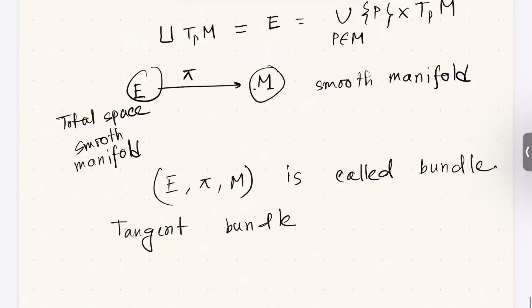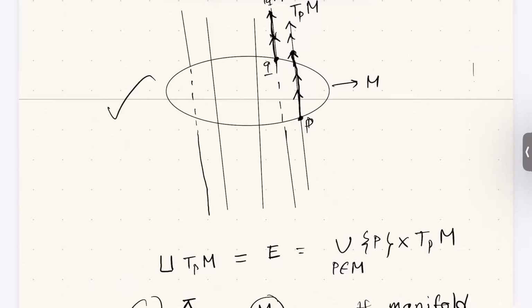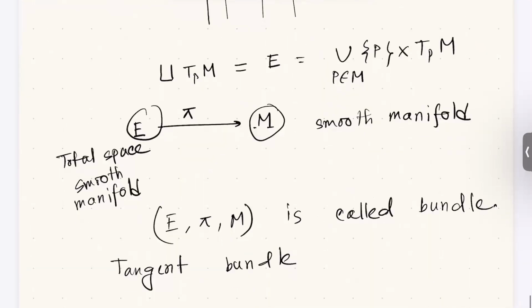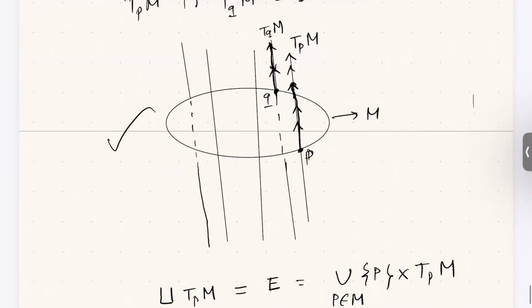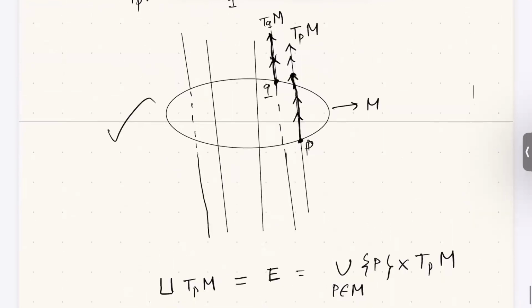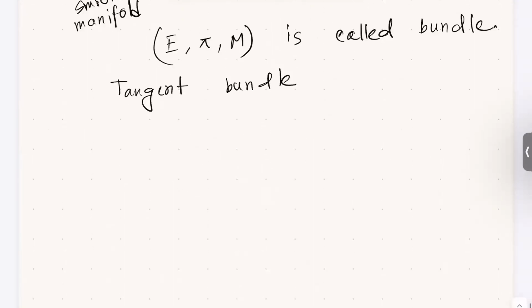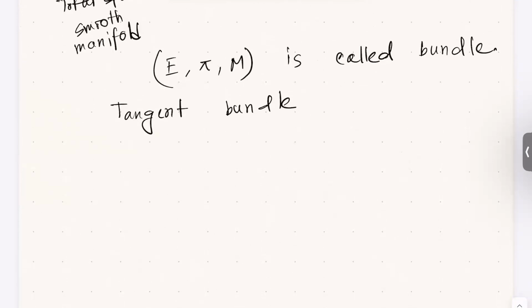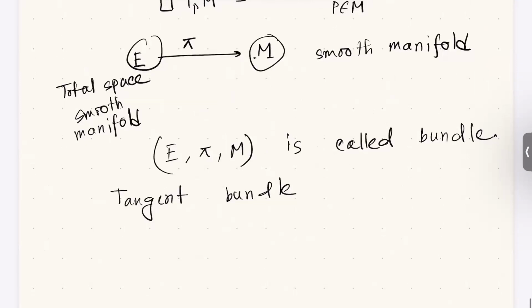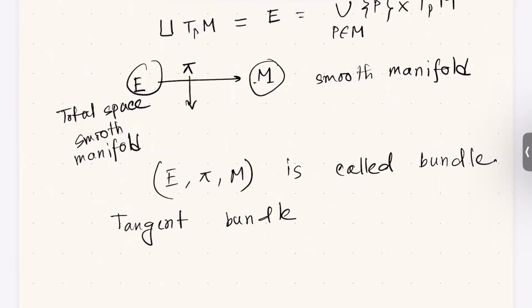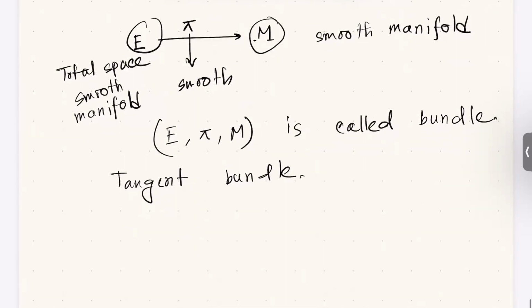That means if I attach a tangent space TPM to every point of the manifold, then I get a bundle. And this pi map is also a smooth map. So this is a tangent bundle.